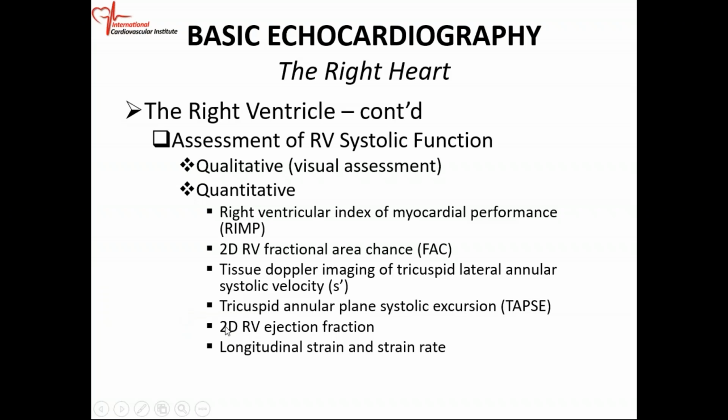With three-dimensional echo, it's more doable. So you can have your RV ejection fraction, which is done similar to your LV ejection fraction. That would be a volumetric assessment. So it's your diastolic volume, you subtract from that your systolic volume, and you divide by your diastolic volume. Okay? And then we have strain and strain rate.